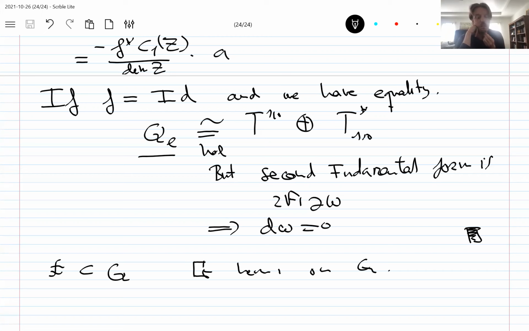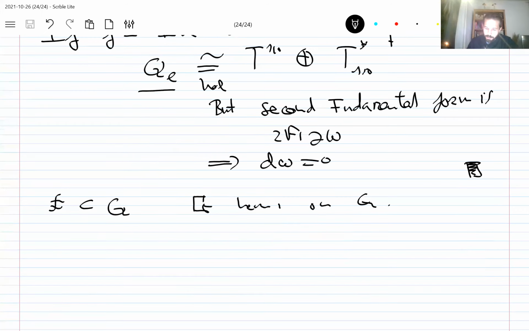Okay. So now just to finish, let me in a couple of minutes comment on two examples, which I mentioned in words at the beginning. Example 1 is really a class of examples.